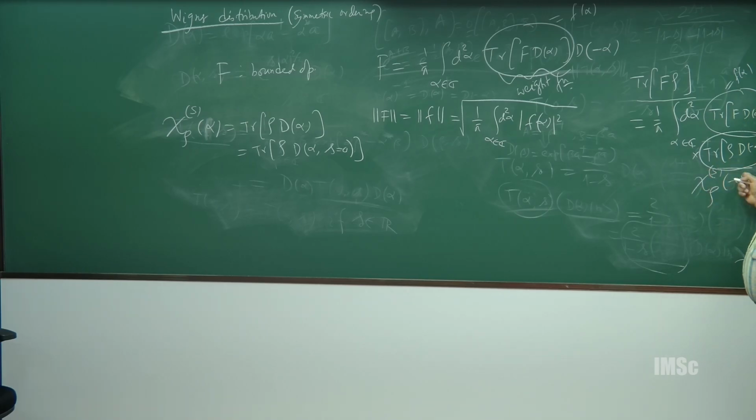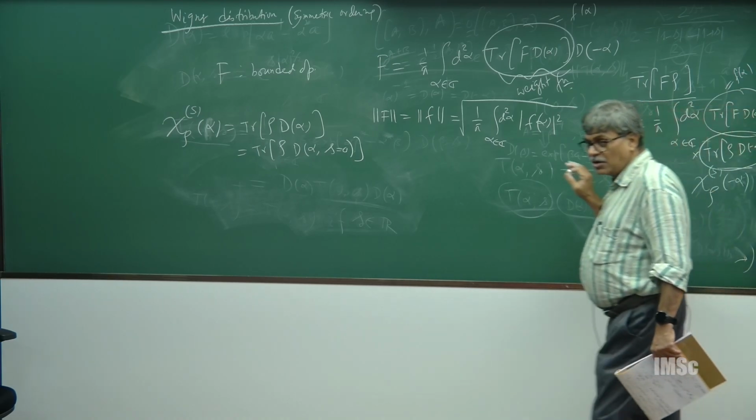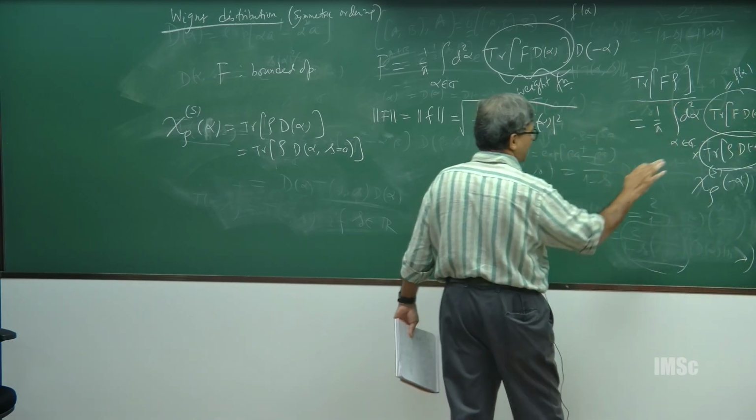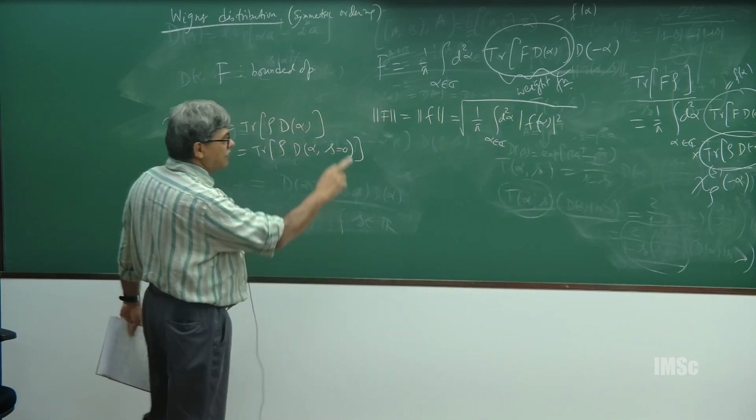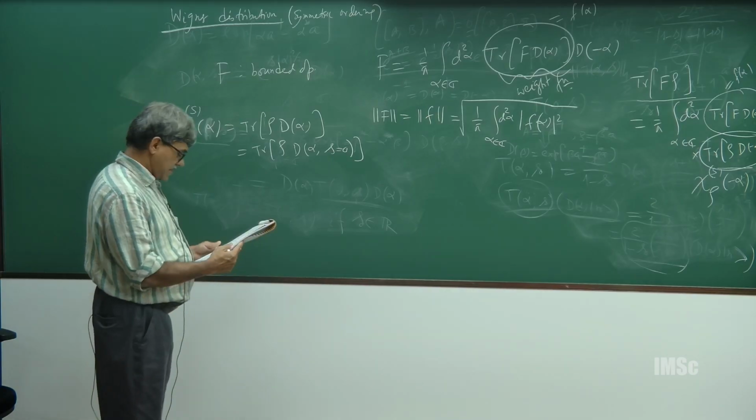But we will have to be careful. It is not generic in terms of the displacement operator, it is generic in terms of this D alpha s, and that is what we will tell you. For symmetric ordering this is fine, because s is 0, it does not matter much, but for other orderings this will matter.